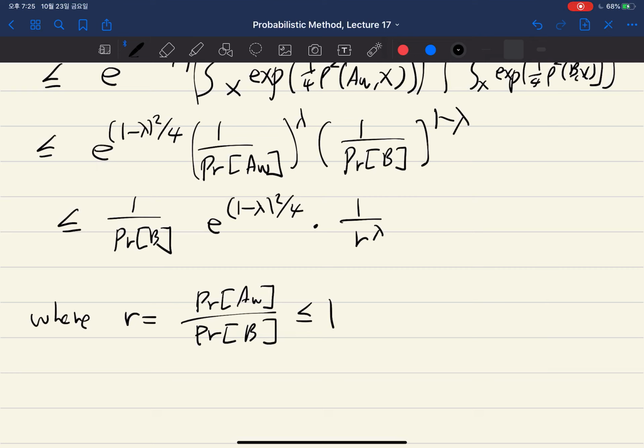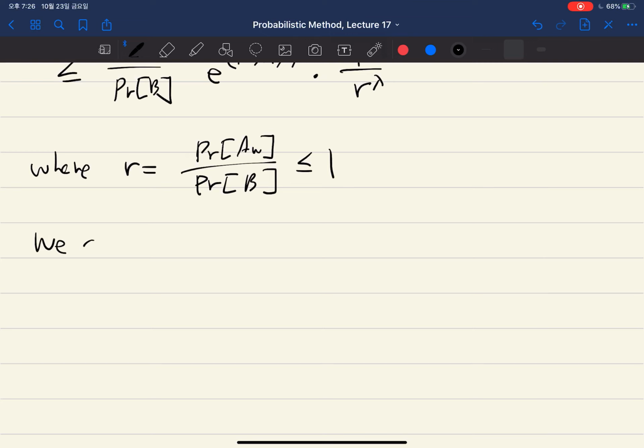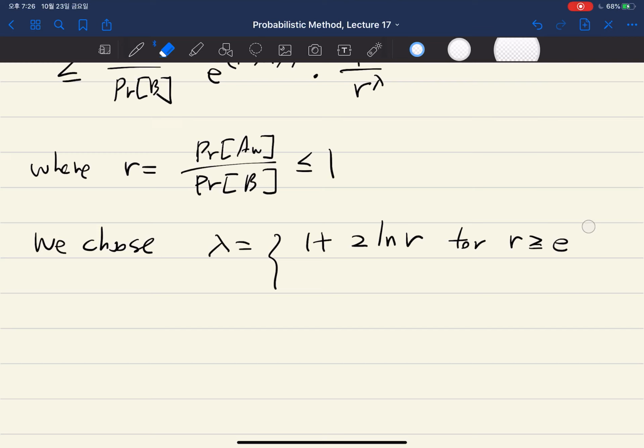Now we want to choose lambda to optimize, and that optimization is actually related to this r. We choose lambda to be 1 plus A2 log r if r is bigger than e to the half square root of 1 over square root of e, and 0 otherwise.